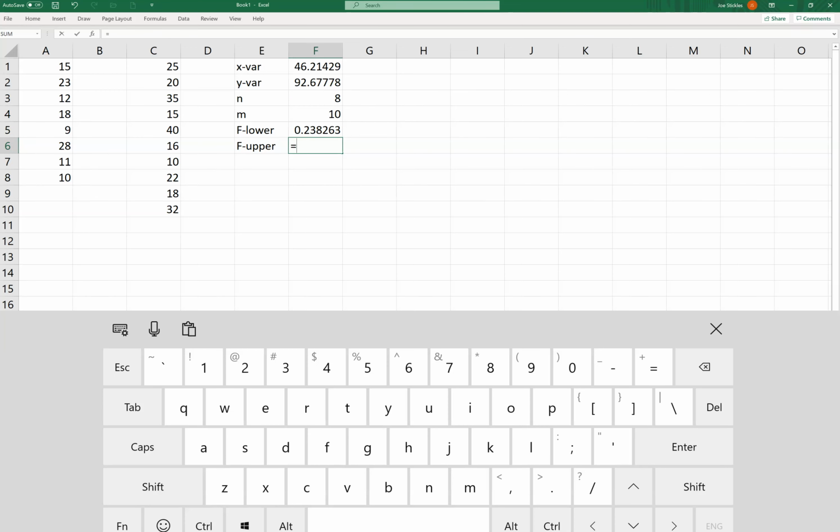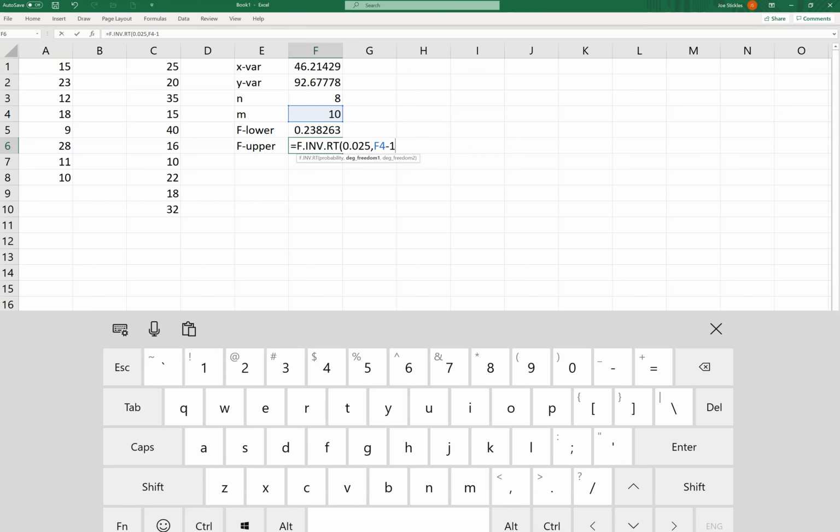And then do the exact same thing, except do the F.INV.RT. Again, 95% confidence interval says that we are doing a 0.025 for the tail. Still same degrees of freedom.